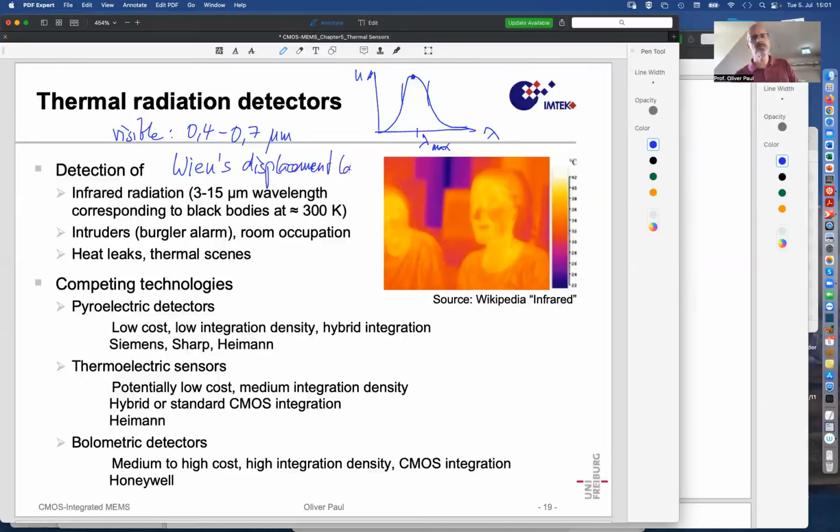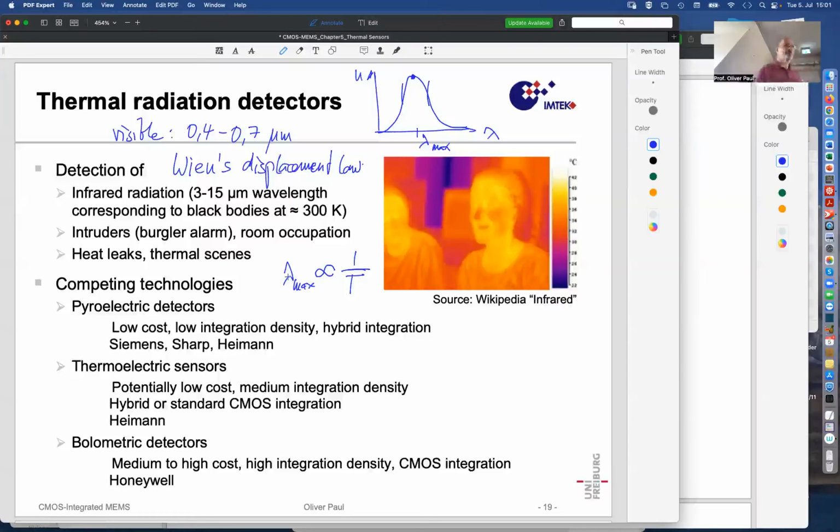It says that lambda max is proportional to, and now I need to state it correctly, 1 over T. The hotter, the smaller lambda max.